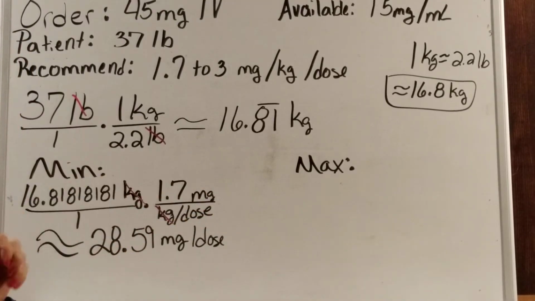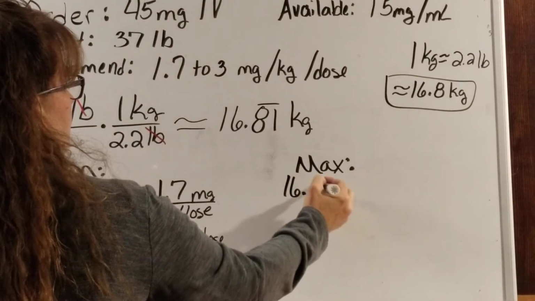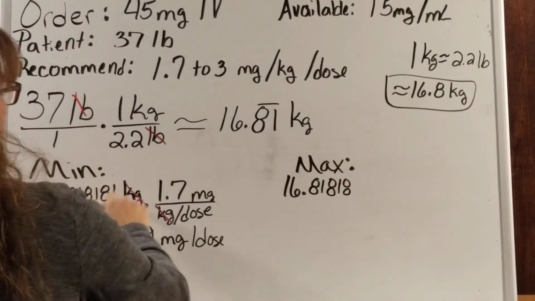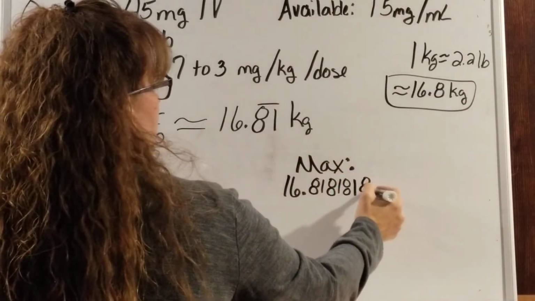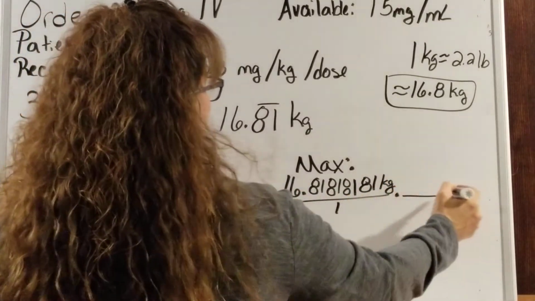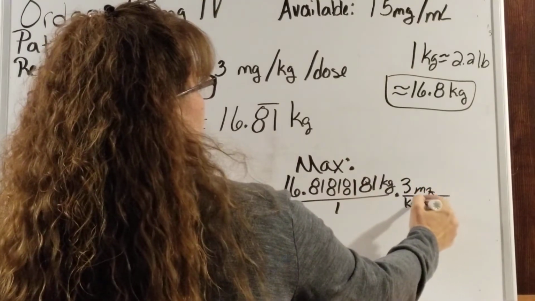And then let's find the max. Again, we're going to take that patient, and I'm going to do 4 sets here. The maximum is 3 milligrams per kilogram per dose.